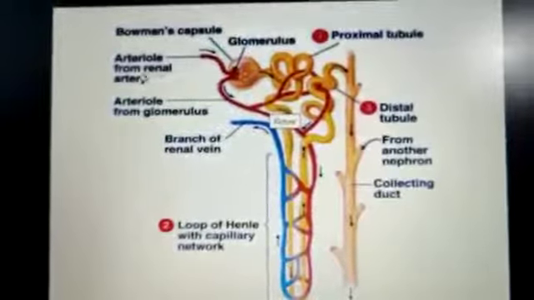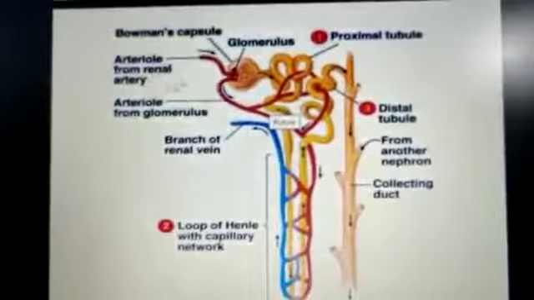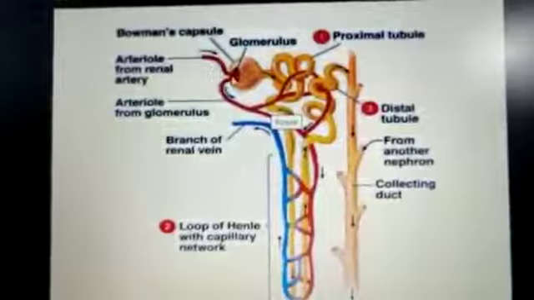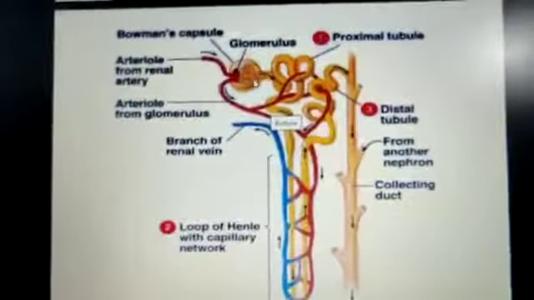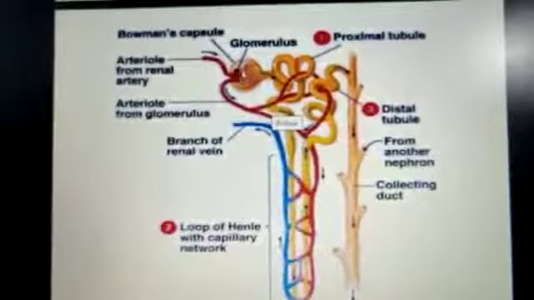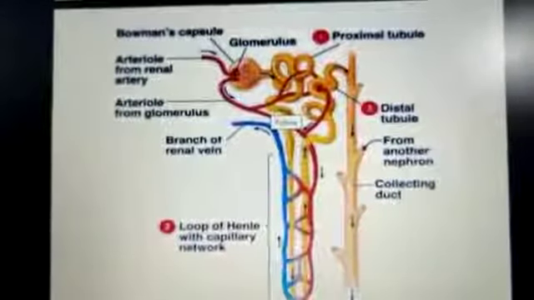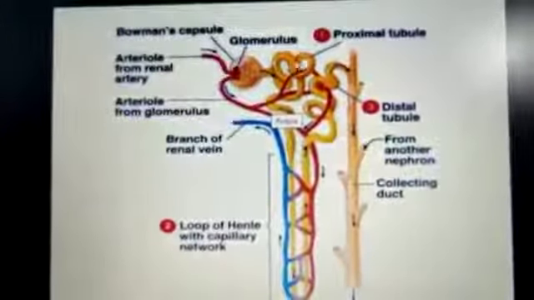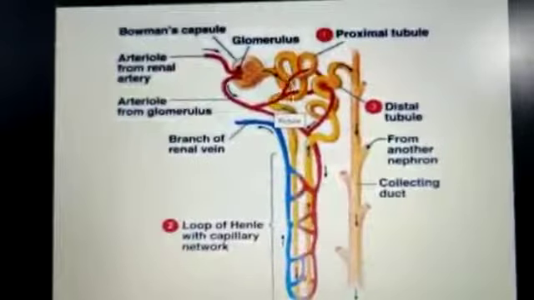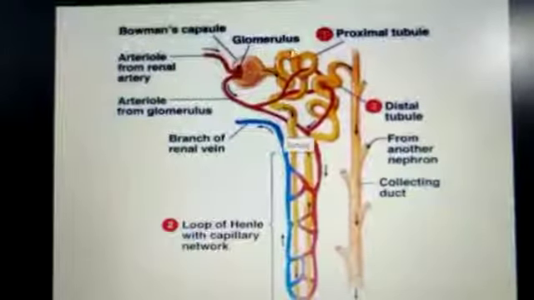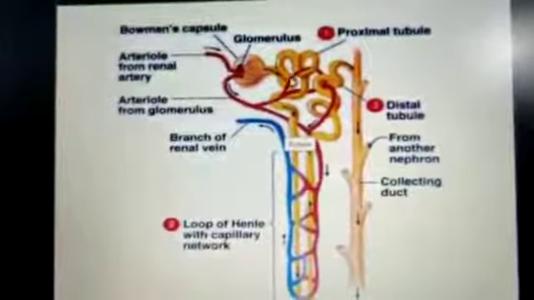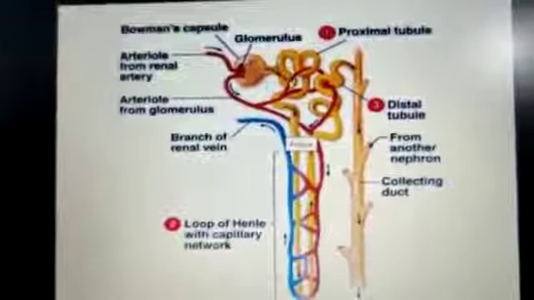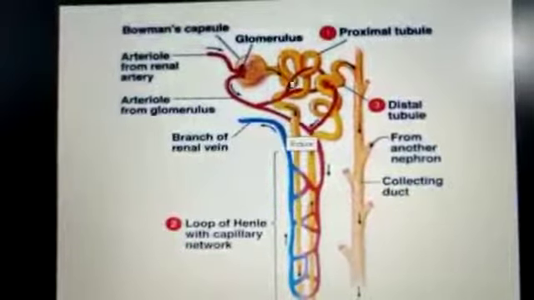So this arteriole from the renal artery carries the blood to the Bowman's capsule. The blood is filtered through the glomerulus and then it enters into the convoluted or curved tubule, that is nothing but a convoluted tube, PCT, proximal convoluted tube.